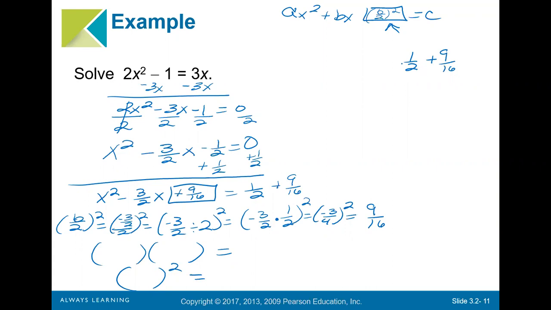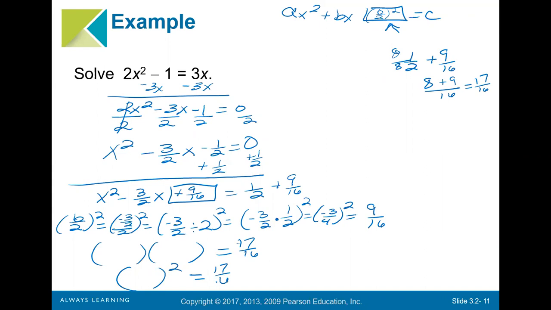In order to add this fraction, I need a common denominator. I notice 2 and 16 are my denominators. 16 is my common. So I'm going to multiply top and bottom by 8. That gives me 8 times 1 plus 9 all over 16. 8 plus 9 is 17. So this is going to be here.